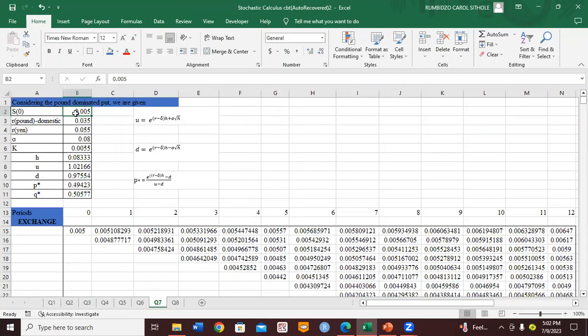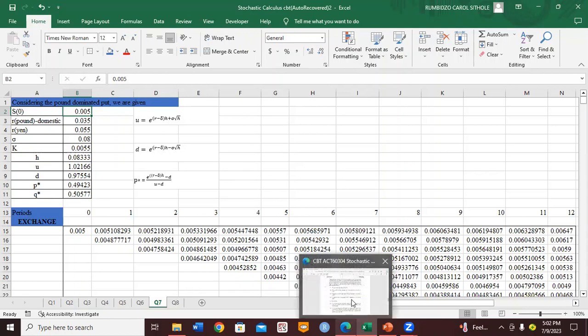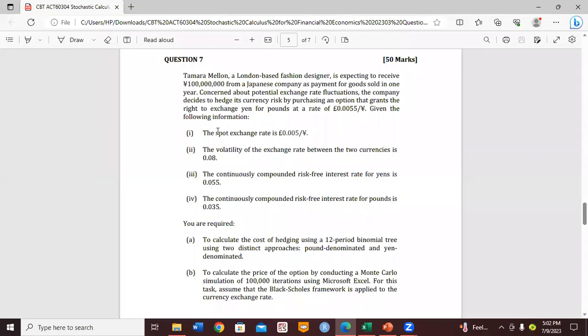So for this one, S0 is going to be 0.055, because we were told that our spot price exchange rate is 0.055 per yen.